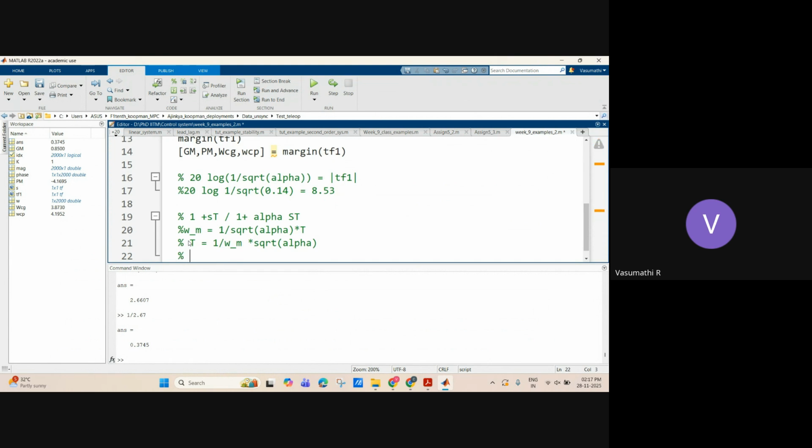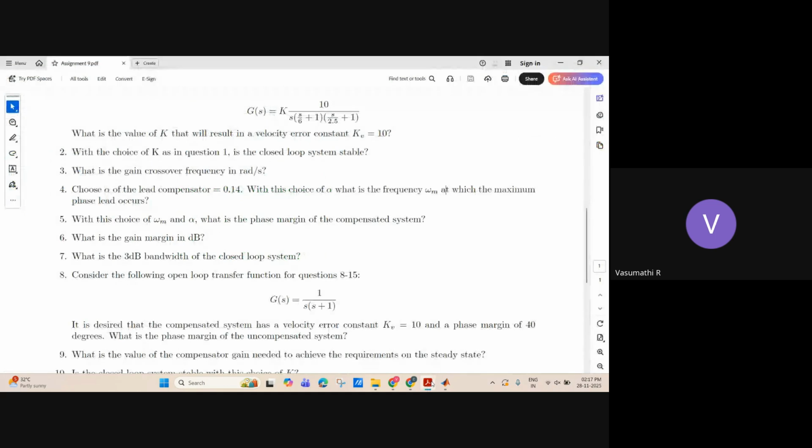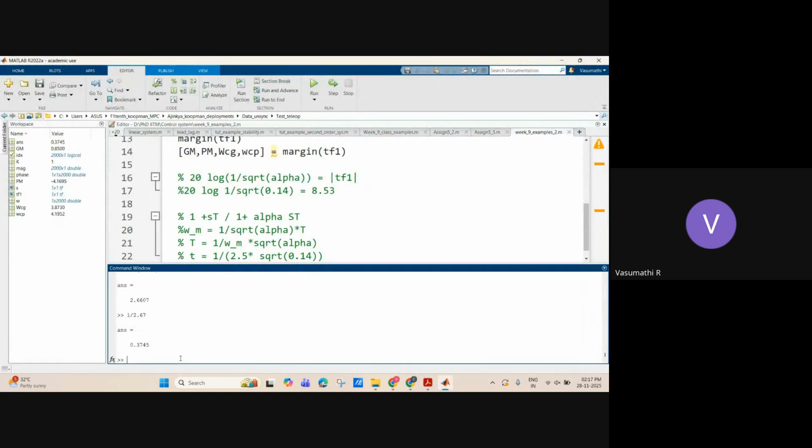So the T will be equal to 1 divided by omega m, which is 2.5 around, into sqrt of 0.14. Just checking alpha value is correct, 0.14. So sqrt of 0.14 into 2.5 is 0.9354, and 1 divided by the answer is 1.06.